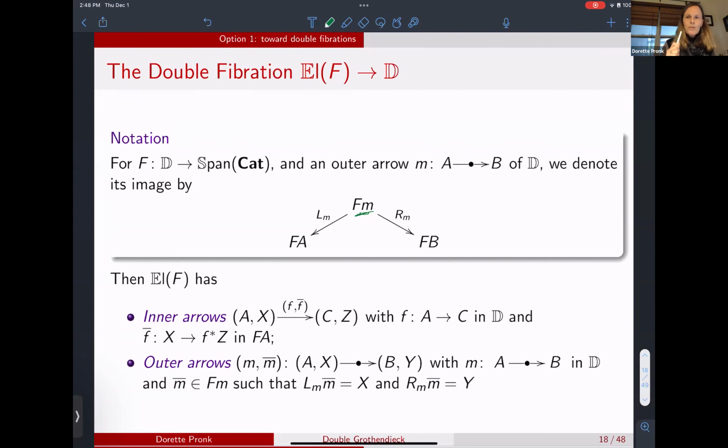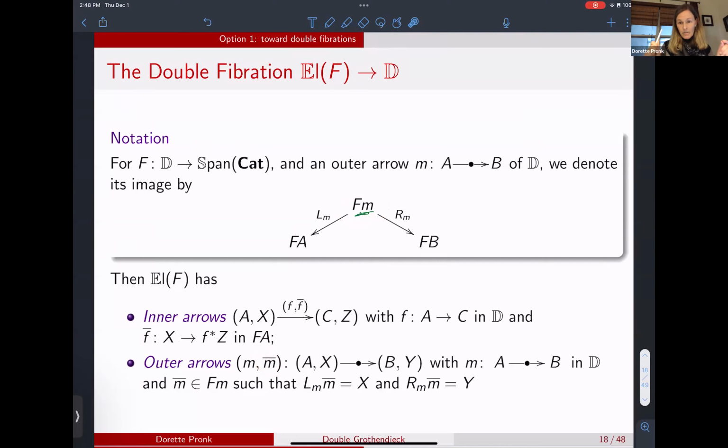Then if I just use that notation, I can say that the elements of F have inner arrows, just pairs as you expect them in the Grothendieck construction. And outer arrows are going to be a pair of an M in the indexing category together with an object M bar that sits in FM.